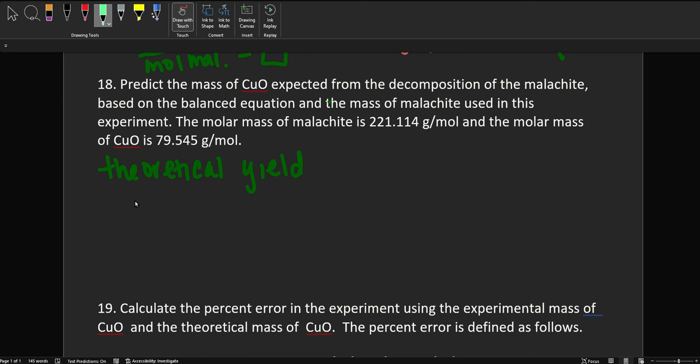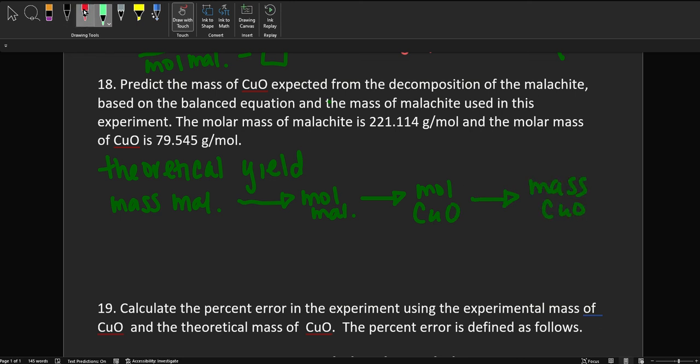So what that is, you will start off with the mass. I'm going to kind of give a flow chart here. Mass of malachite, and then we will go to moles of malachite. From moles of malachite, we will go to moles of copper oxide, and then from that, we will go to mass of copper oxide.